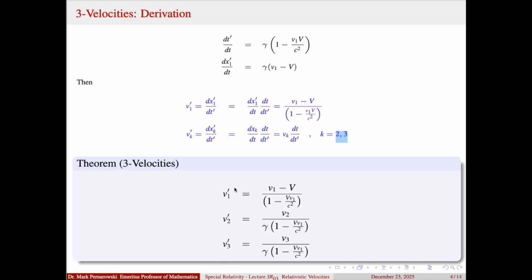Now, this creates a lot of issues. It's not easy at all to convert velocities in our normal sense from one frame to the other. And these formulas are not linear. The way v1 prime depends on v1 is that you can see there's a v1 sitting there, and there's a v1 down here in the denominator.